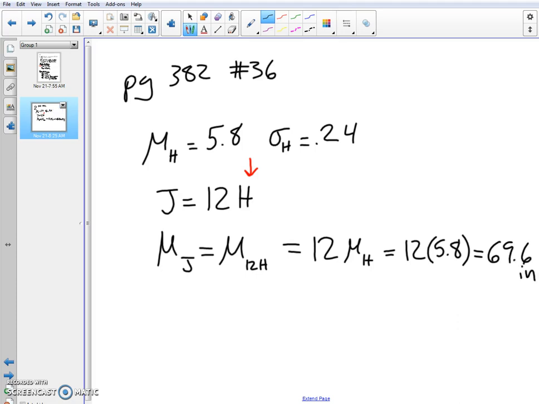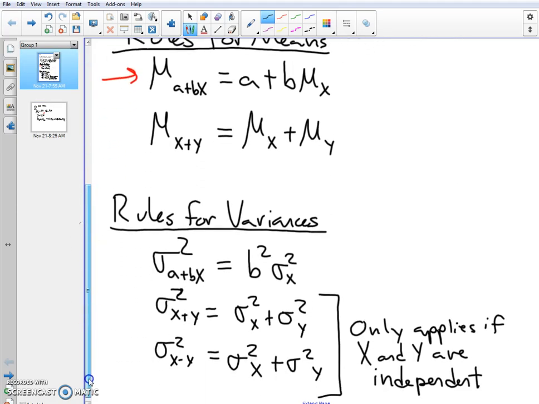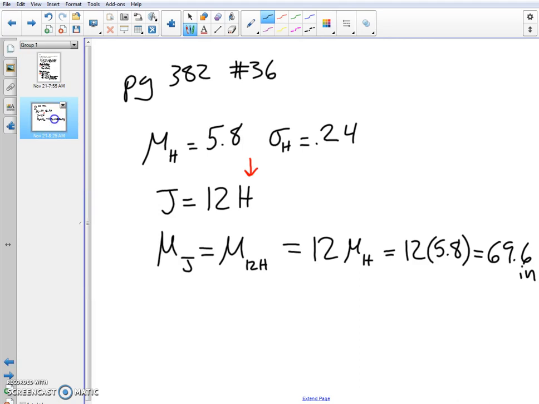We want to do the same thing with the standard deviation. So looking back at my formulas here, I now want this one. So I don't have an A, but I do have a B, which A wouldn't matter here anyways in this formula. So if I want to find the standard deviation of J, let's talk about it in terms of variance first.